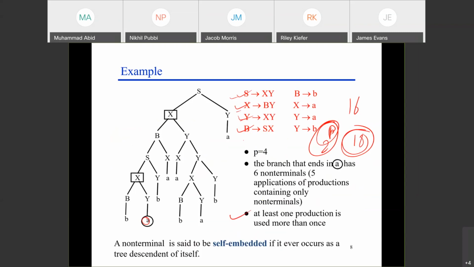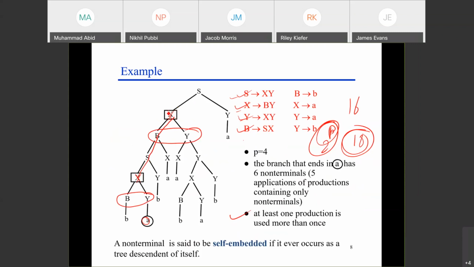A non-terminal is said to be self-embedded if it ever occurs as a tree descendant to itself. So look at this one. You have this X here, and it is using this production rule, and you have this X here, using the same production rule. From this X you can go from here, here, and reach there.